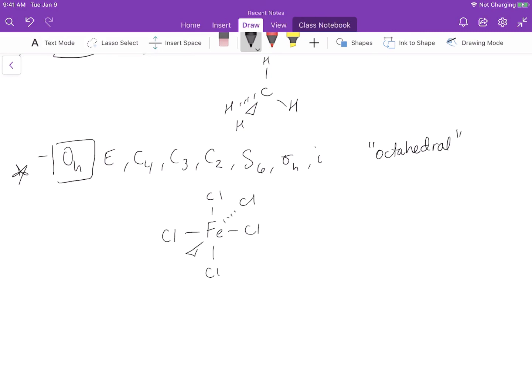So this is generally how I would draw an octahedron. It also can be drawn from a slightly different rotation, so just so that you've seen it and don't get confused. This would be another way to draw an octahedron. And then there's some other rare groups.